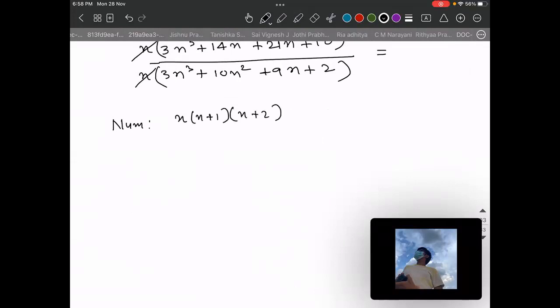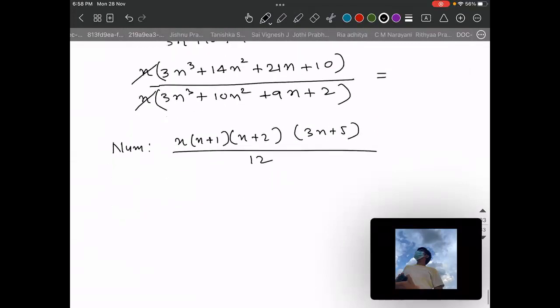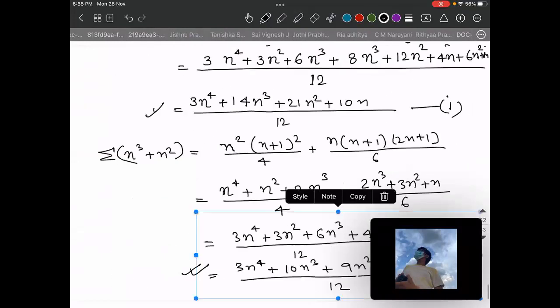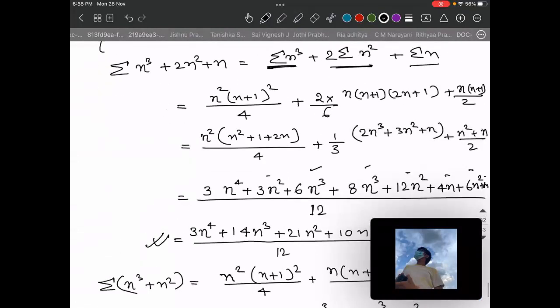N plus 2, 3n plus 5, have you got this? Upon 12. Have you got this? This is the numerator, this term. Sorry, not this one. You don't need to multiply it here, you just write the terms as it is.